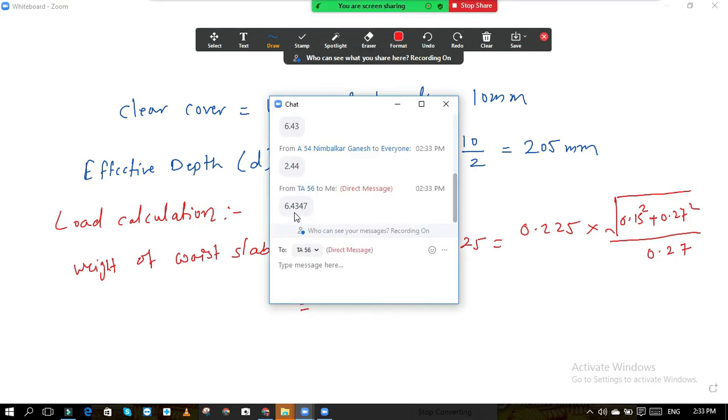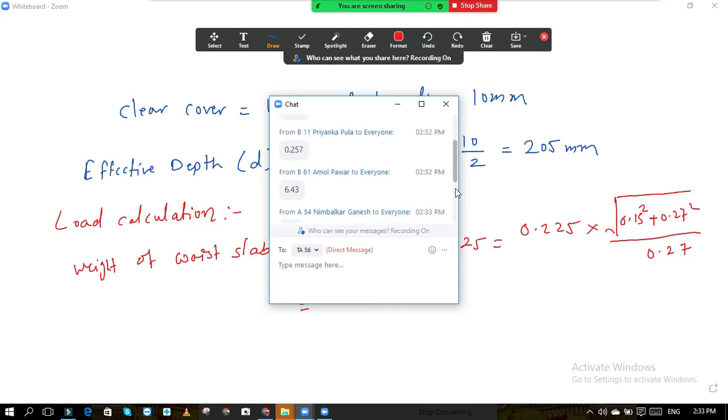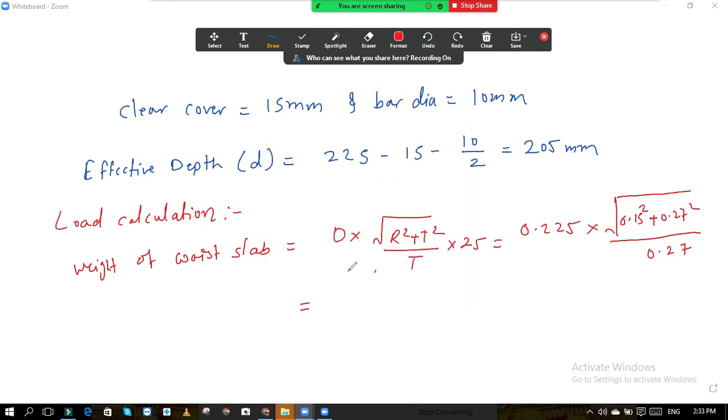It is 6.43. Okay, 6.43 kilonewton per meter. Okay, this is our weight of waist slab.